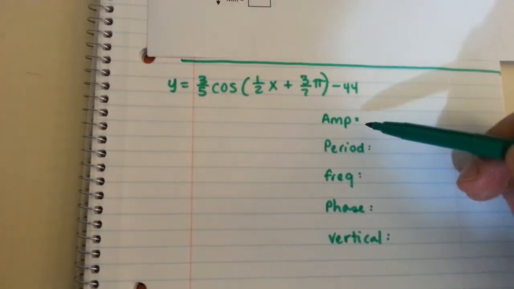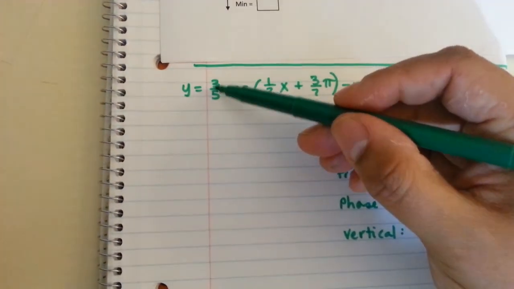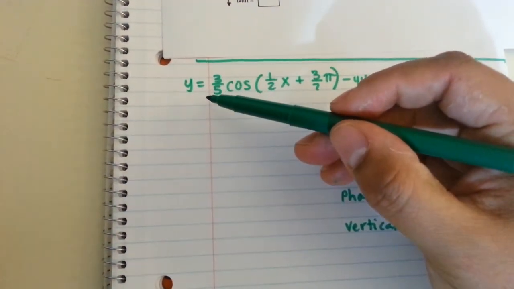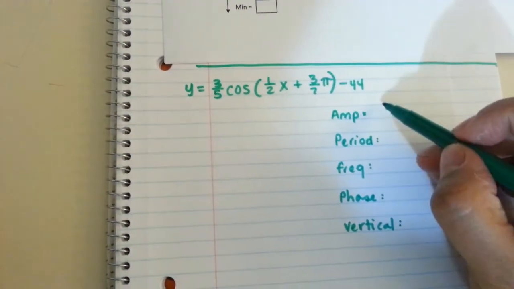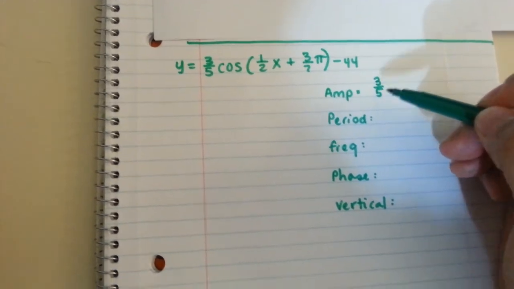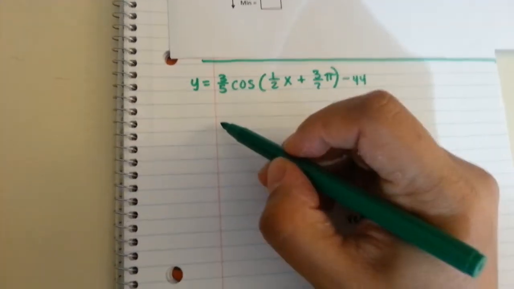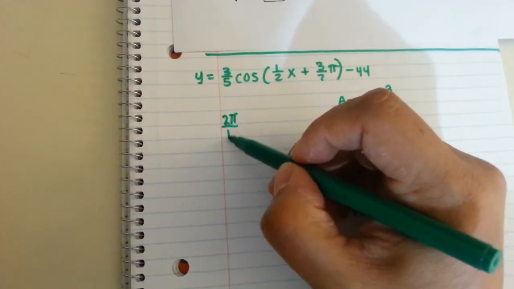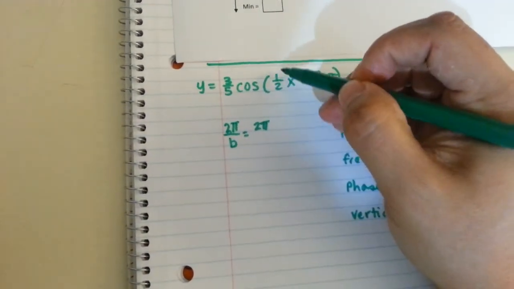Alright, well, we already said the amplitude is going to be the absolute value of the leading coefficient. The leading coefficient is 3 over 5. Once again, it's positive, but even if it was negative, this answer over here would still be positive. The amplitude will never be negative. Period is going to be 2 pi over b. 2 pi over b is 1/2.